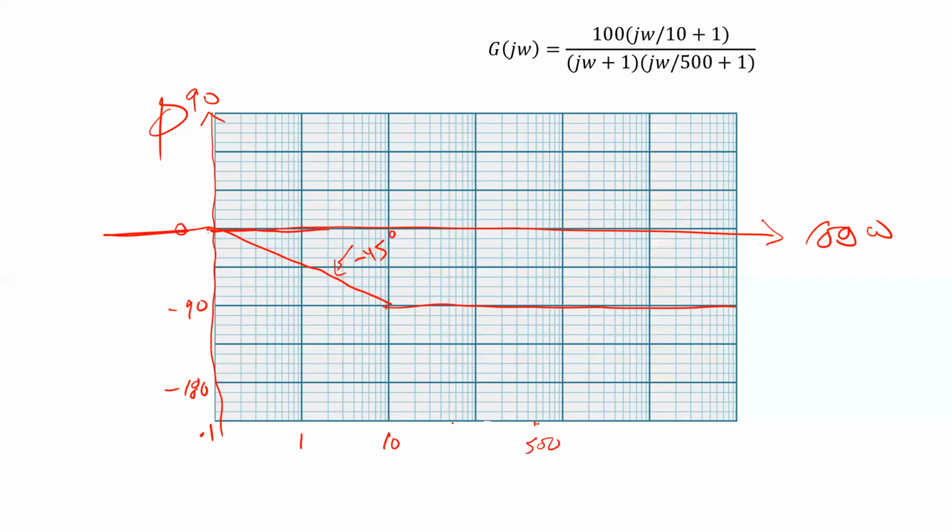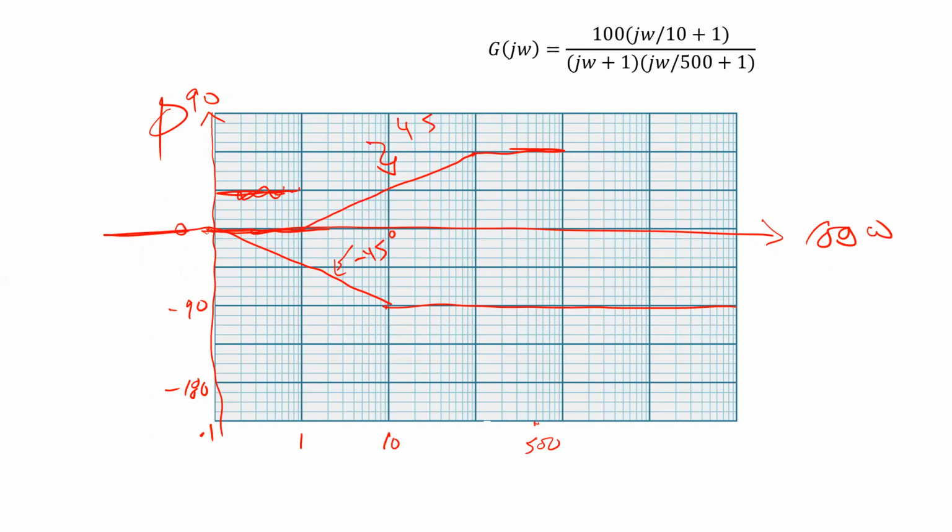How about the one at 10? 1 decade before, which is 1, it's 0. 1 decade after, which is the 100, it will be 90, and connect. From here, connect. This is 45.